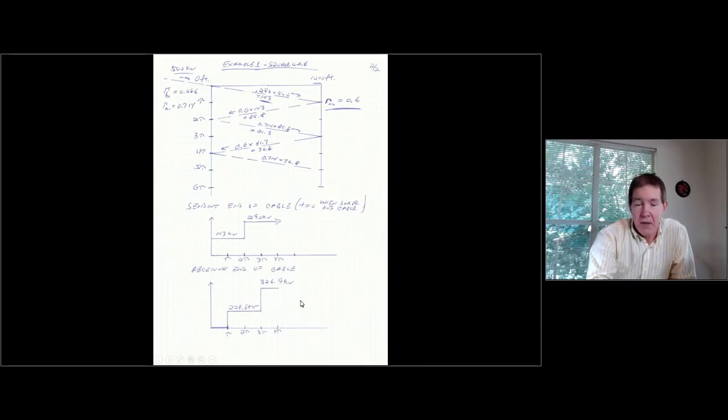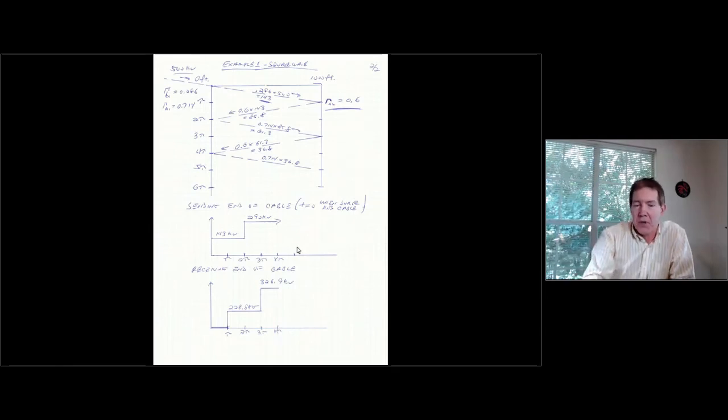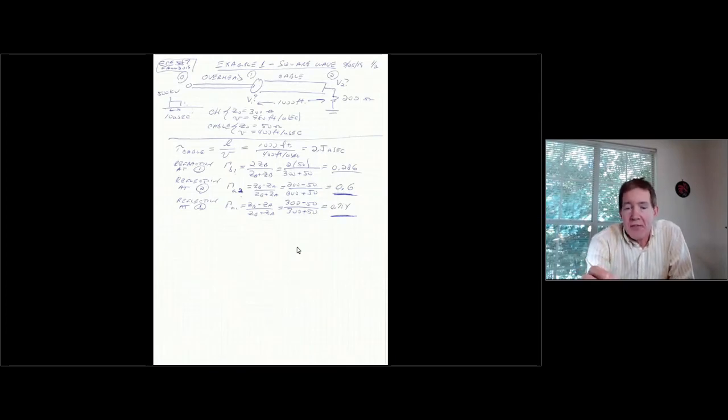All right. So when I talk about 4 tau, that corresponds to 4 times what I had for the propagation time, which is 2.5 microseconds.